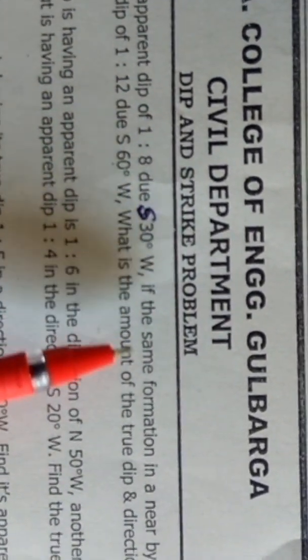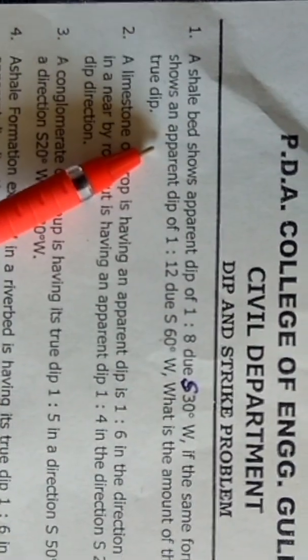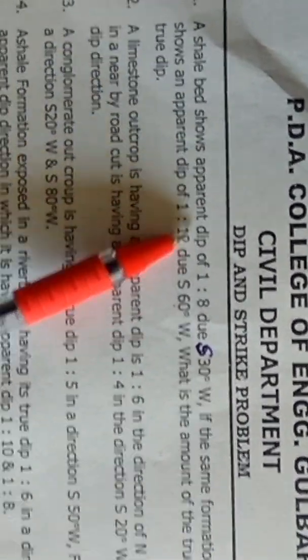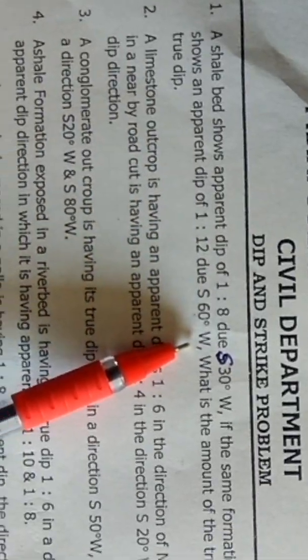If the same formation in a nearby exposure shows an apparent dip of 1:12 due south 60° west, what is the amount of the true dip and the direction of the true dip? It means the amount and direction of the true dip have to be calculated.